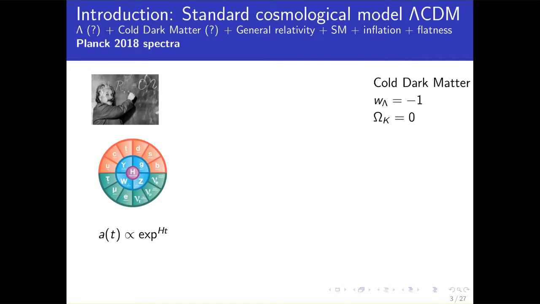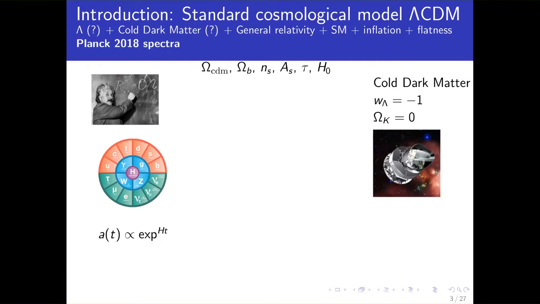We also usually assume flatness. We end up with a 6-parameter model that allows us to compute predictions for the observables that, for example, we observe with the Planck satellite or with ACT, etc.